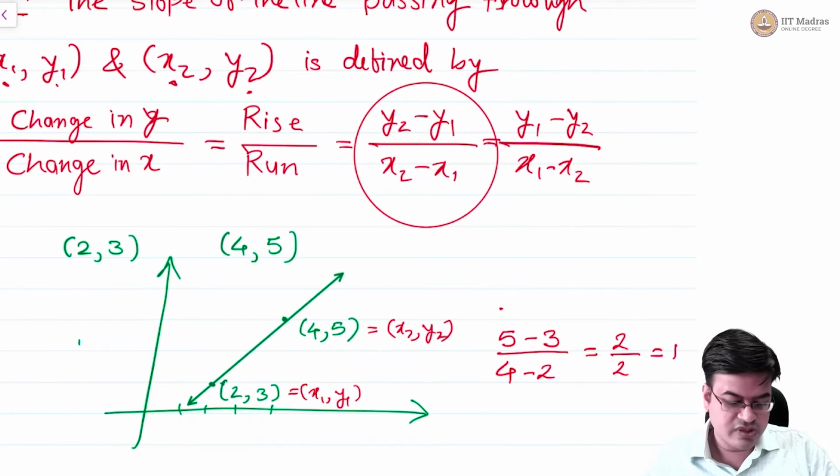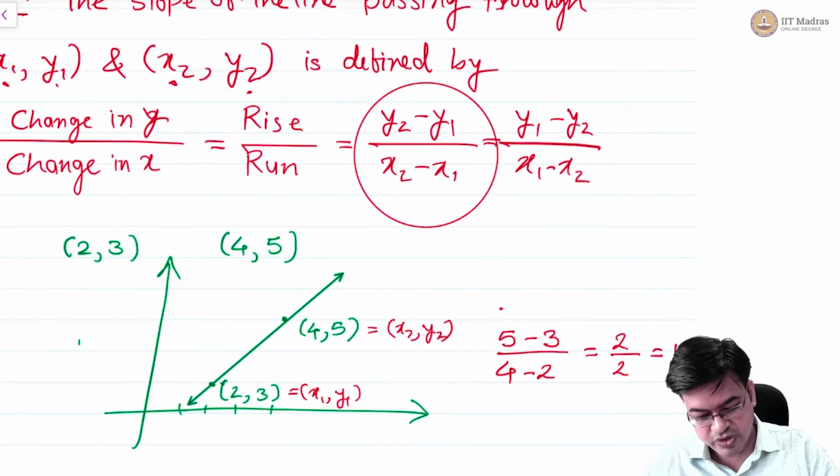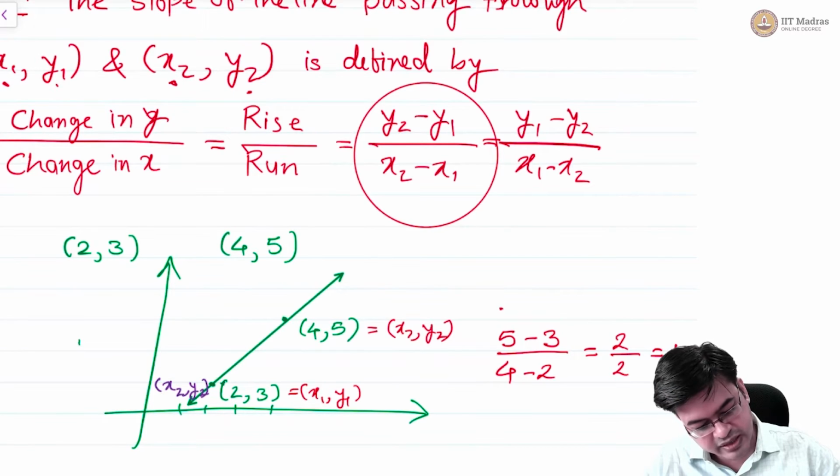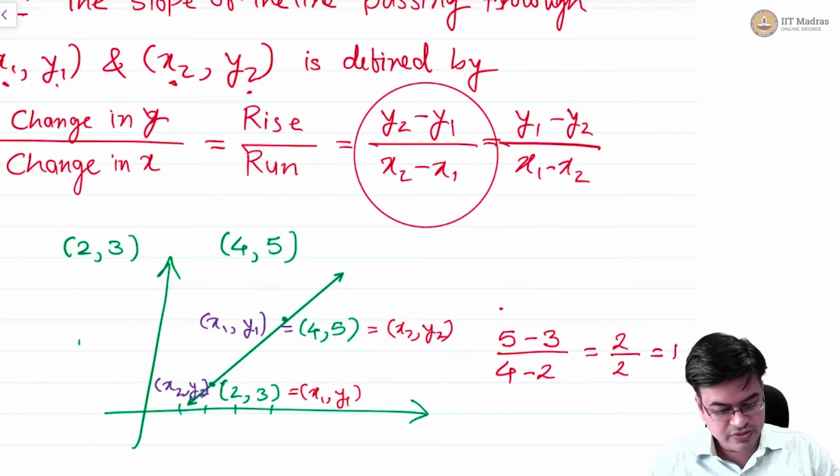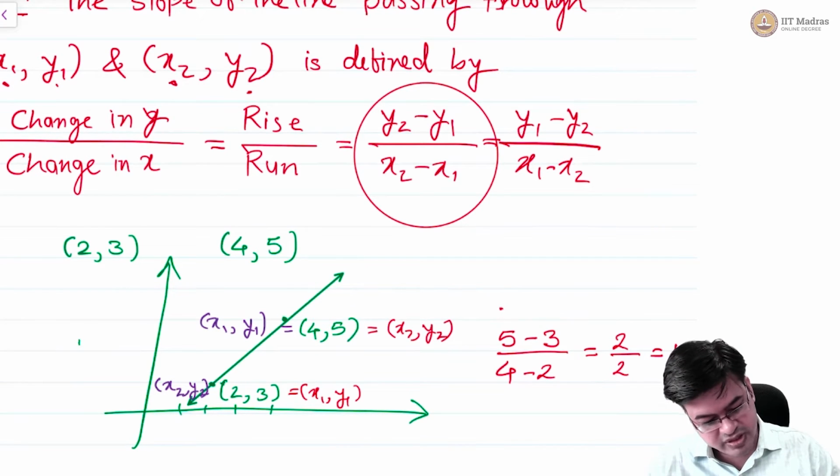Now let us suppose somebody decides to put different names. The person is interested in saying this to be x2 comma y2 and this to be x1 comma y1. In that case, does the slope of the line change? No, it doesn't matter, because if you are using this formulation, you go ahead with the same formulation and say what is y2 now? y2 is 3 and y1 in the new formulation will be 5.